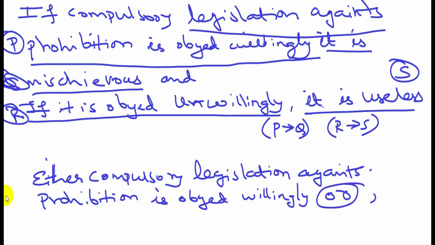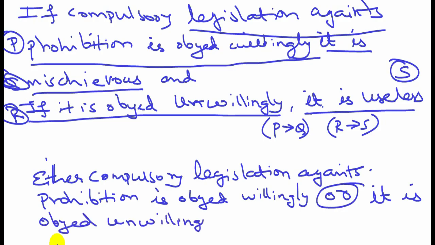The keyword here is 'or'. This is your minor premise made up of a disjunctive proposition. Okay, and this major premise is made up of conjunctive proposition.